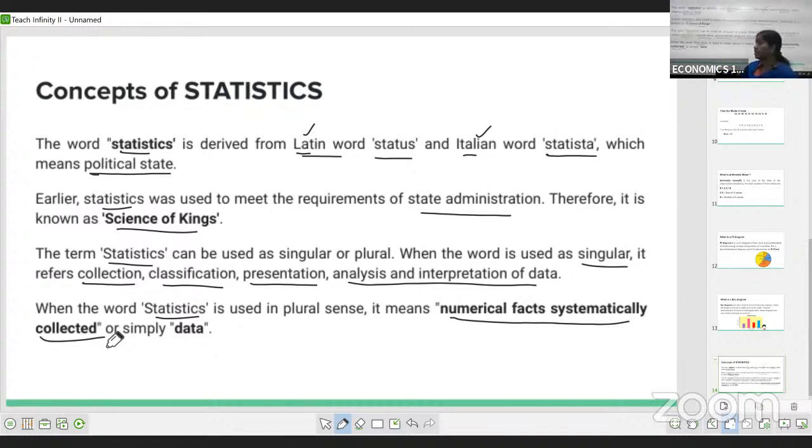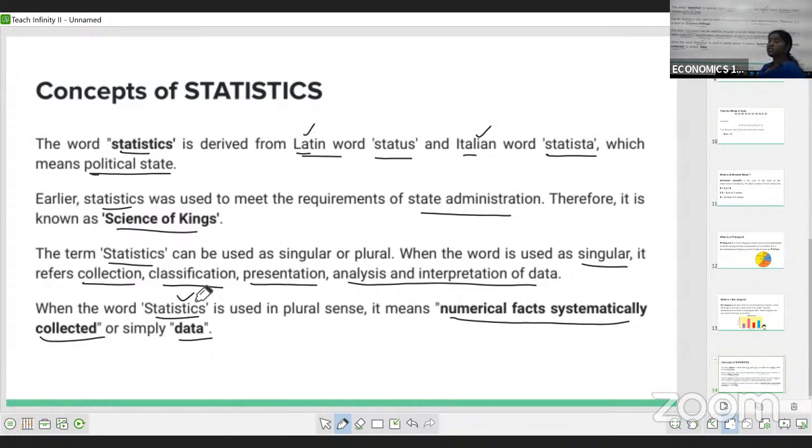If we collect some figures or numerical facts, it is nothing but collecting some data. So the plural form of statistics means data, and the singular form is the collection, classification, presentation and interpretation of the data.